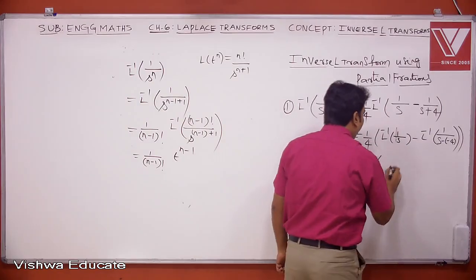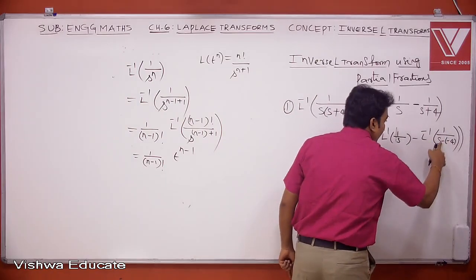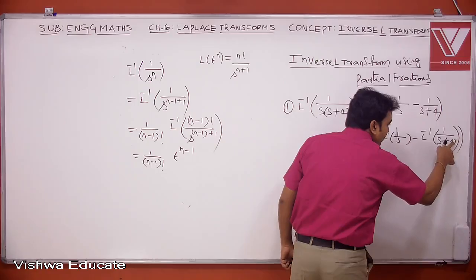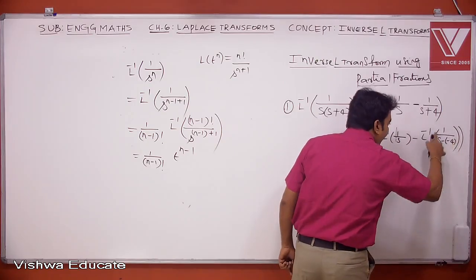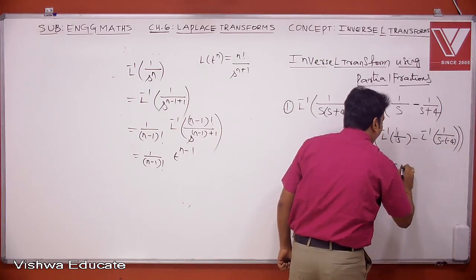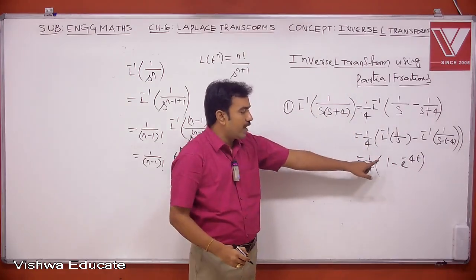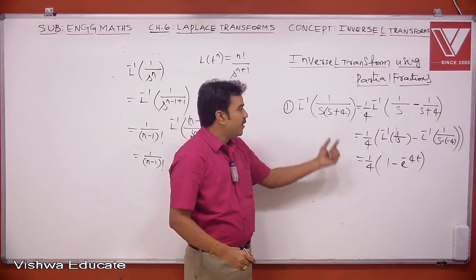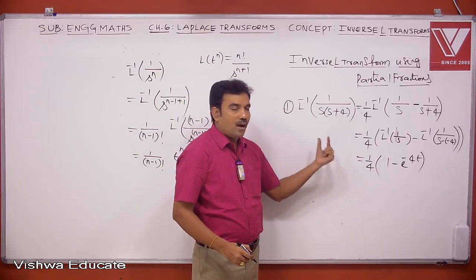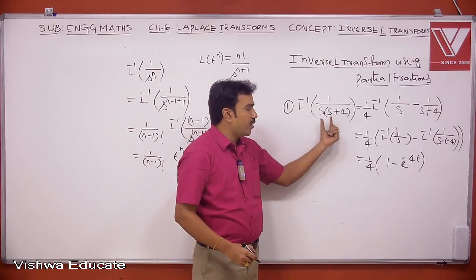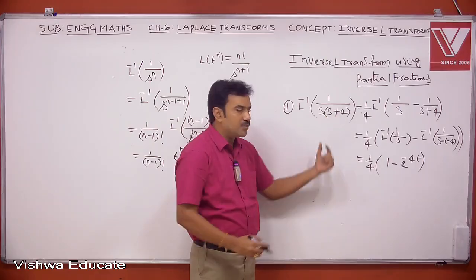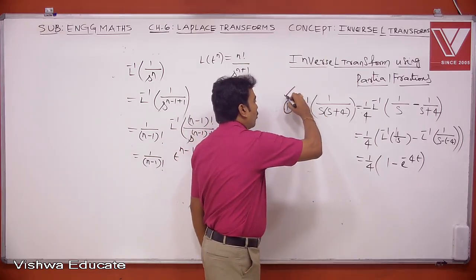So L inverse of 1 by s is 1. This is in the form L inverse of 1 by s minus a, with the value minus 4, and this is the Laplace of e power minus 4t. Therefore, the result is 1 by 4 into 1 minus e power minus 4t. So this is a simple function in terms of t. We got this using partial fractions. So this is one of the examples. Note this point.